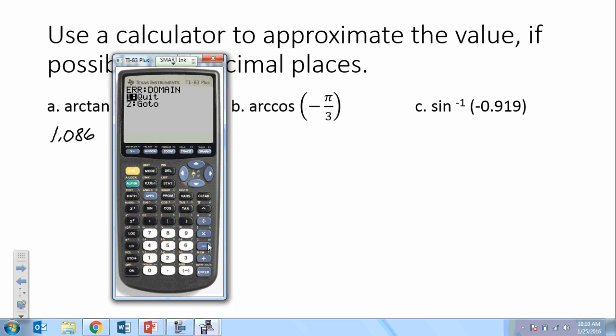Still gives us an error, right? Okay, why is it giving us an error? Calculator knows something we don't know? Why not?